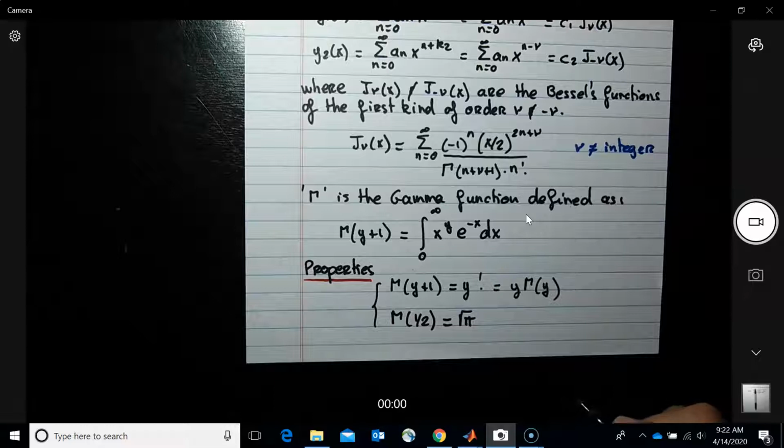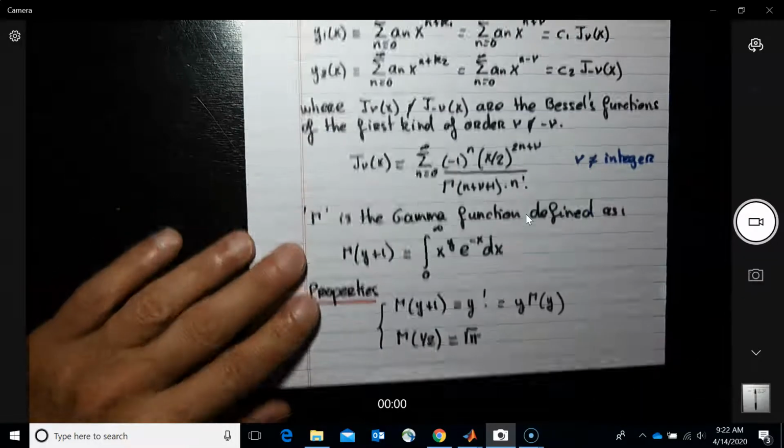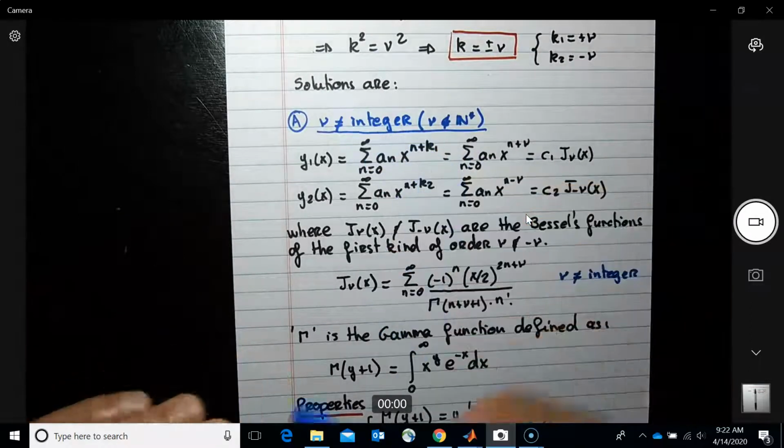Okay, so now we're going to look at the case where mu is an integer.